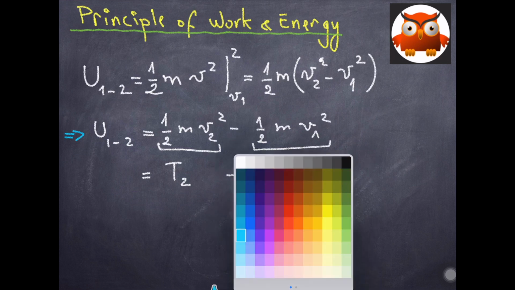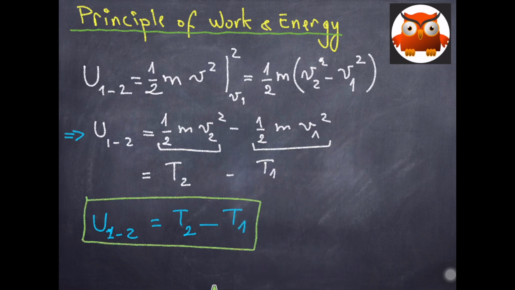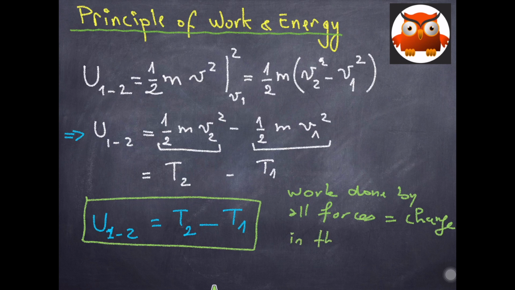All in all, we have arrived at the principle of work and energy that relates the work done by all forces to the energies. So it is equal to T2 minus T1. This principle states that the work done by all forces is equal to the change in the kinetic energy.